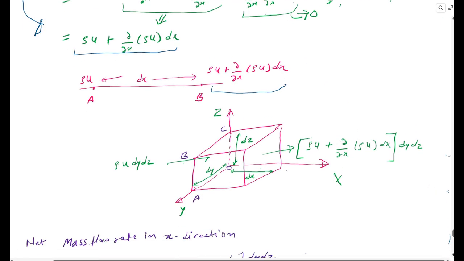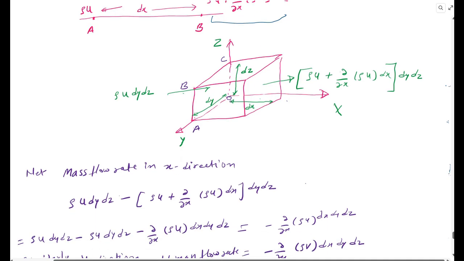Now if we have a cuboid, a very small cuboid in a flow field, the mass flow rate in the x direction is density into velocity multiplied by delta y delta z, the cross sectional area.